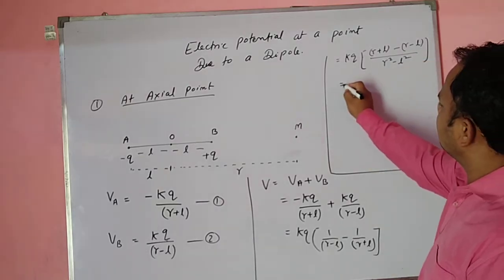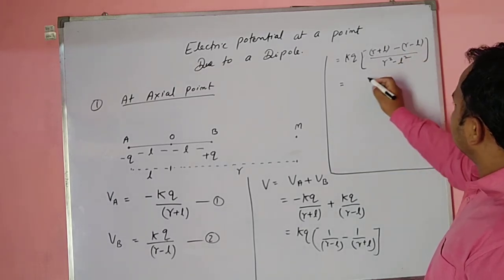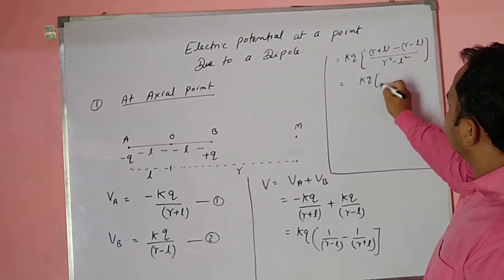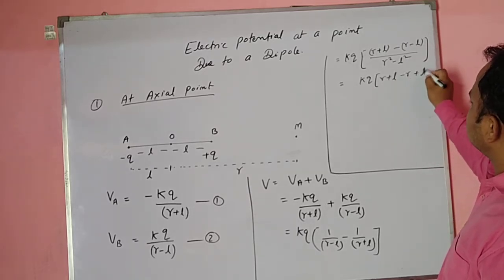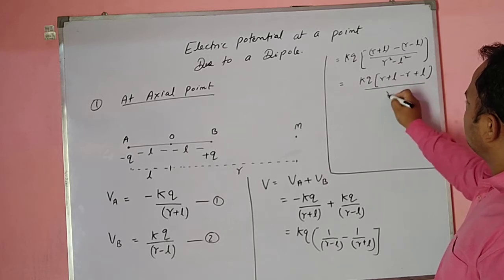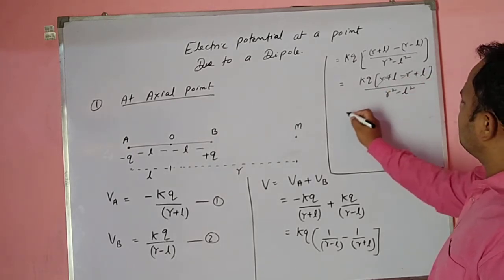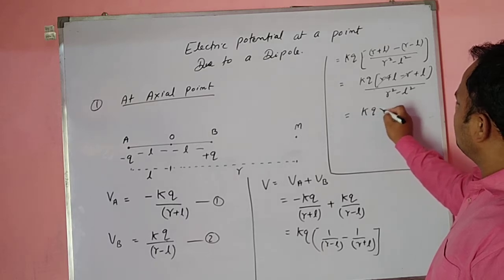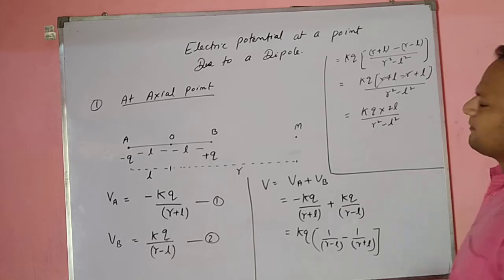Good enough? So on opening the bracket, Kq, this is r plus l minus r plus l upon r square minus l square, and the r terms will cancel out and we'll have Kq into 2l over r square minus l square.